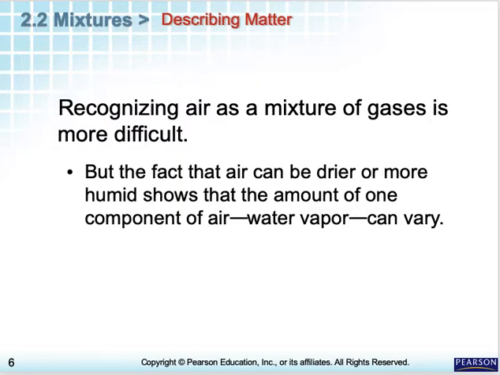Recognizing that air is a mixture is a little more difficult, but you do know that it has oxygen as well as carbon dioxide, and the major component of it is nitrogen. We can have, like today, a lot of water vapor in the air, or in the winter it could be a little drier, so the amount of water vapor can vary.